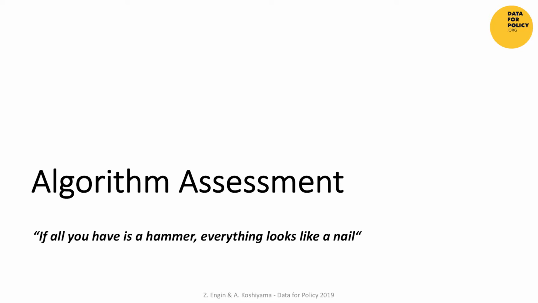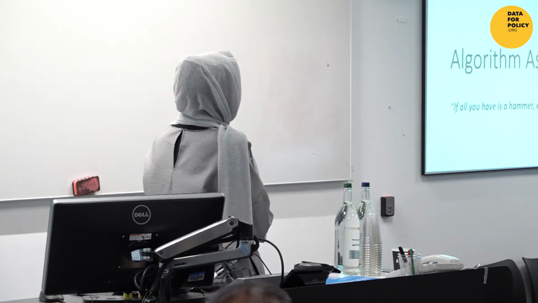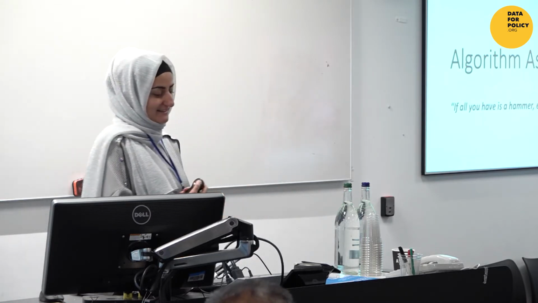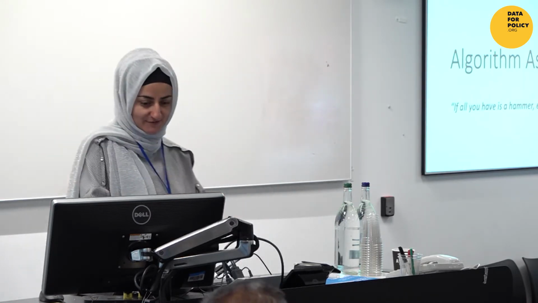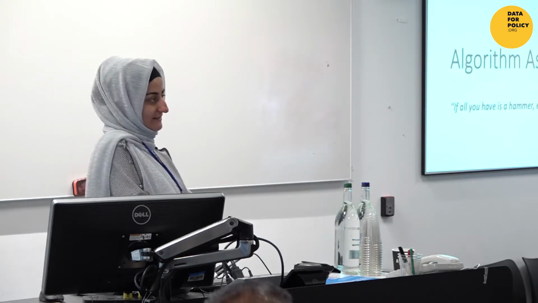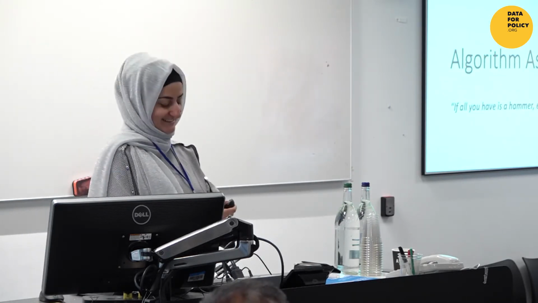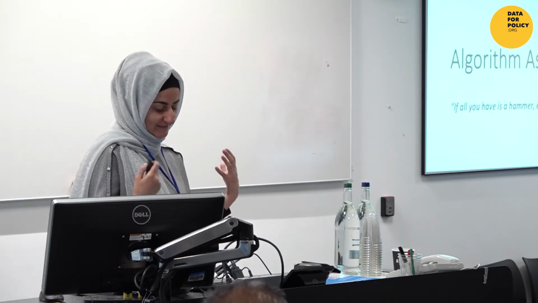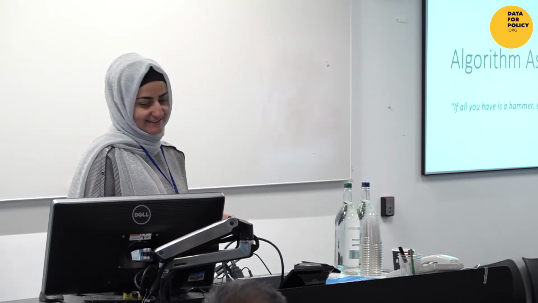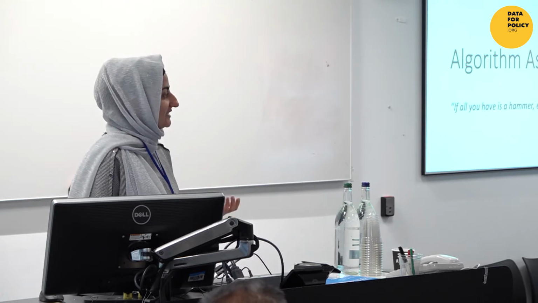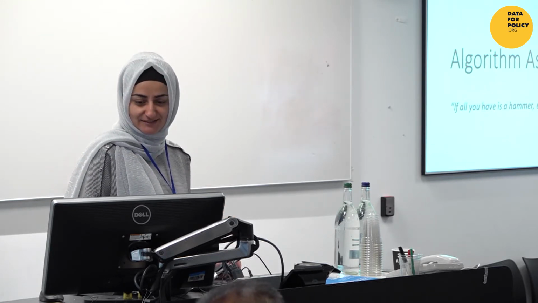So, in terms of how we assess algorithms, a nice sentence that I like for any situation is: if all you have is a hammer, then everything looks like a nail. That's supposed to spark the idea that the answer is not really in one discipline or in one sector itself.